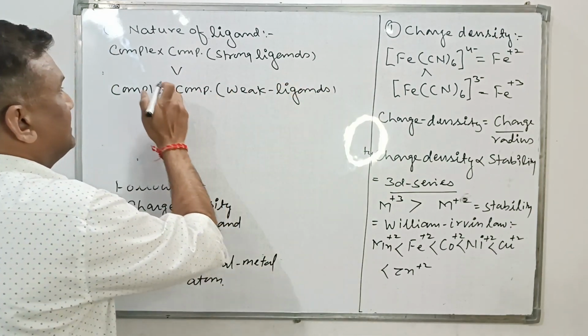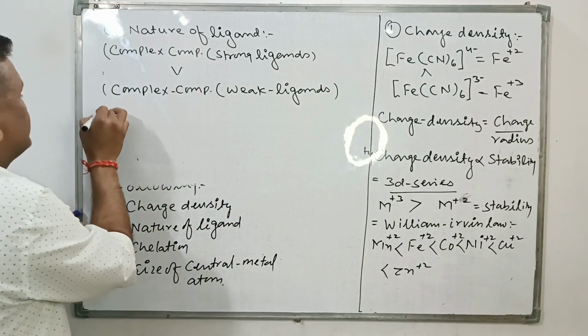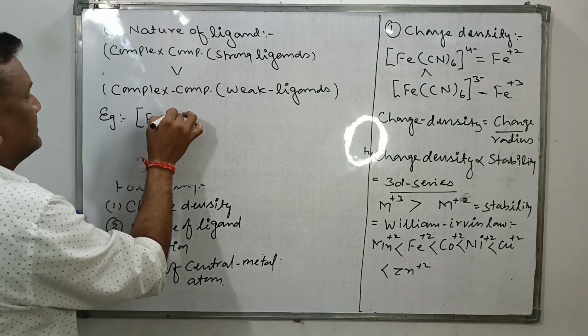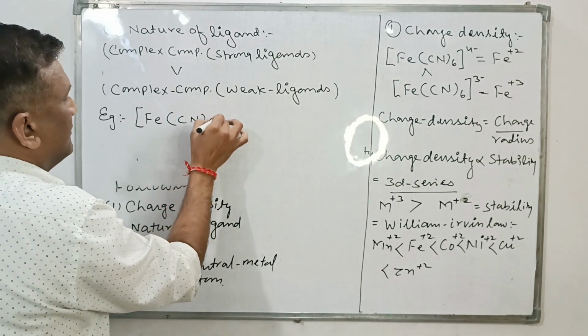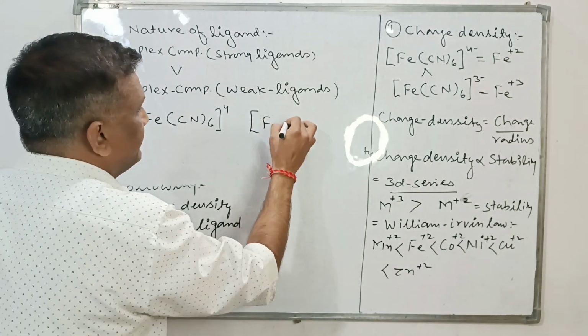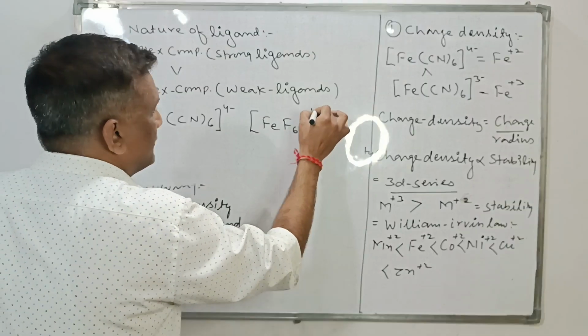So we can take an example also. This is [Fe(CN)6]4-, and another is [FeF6]4-.